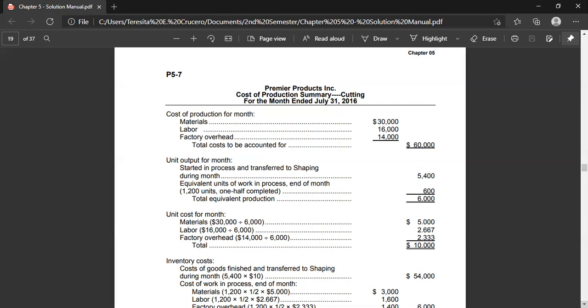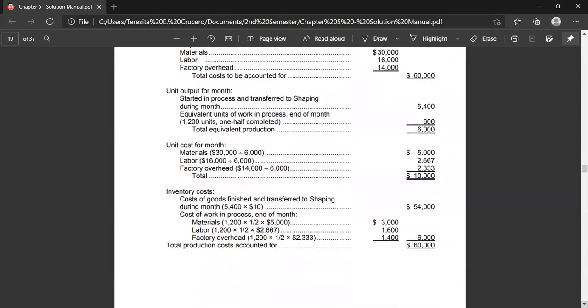Okay, so we have now the cost per unit and finally the cost based on this data shown in the cost summary. So for the inventory cost, we have the cost of goods finished and transferred to shipping during the month, and we have the cost of the work in process at the end.